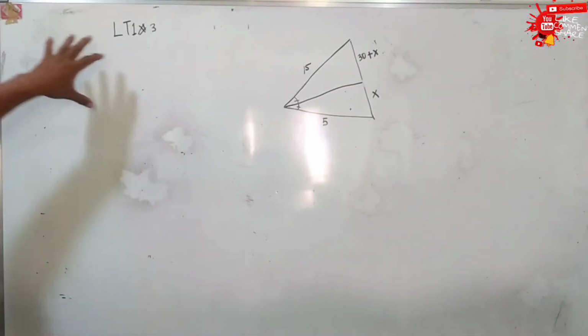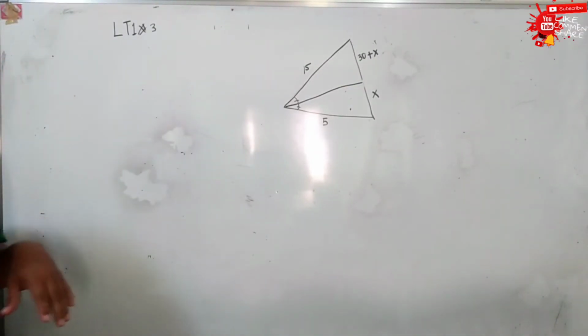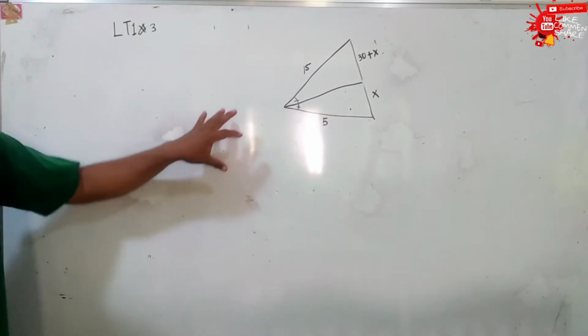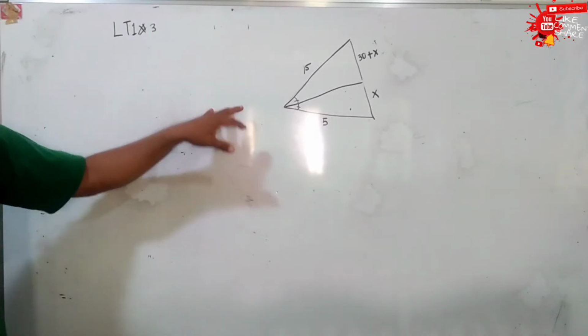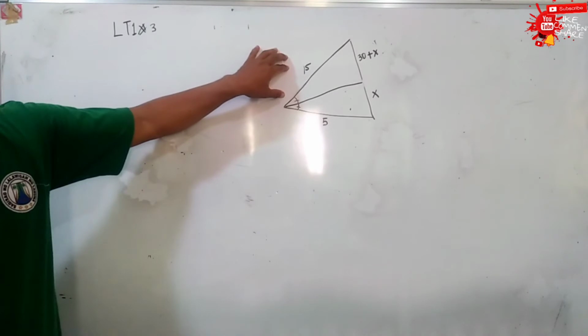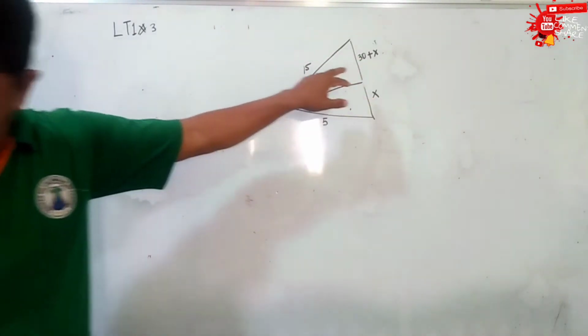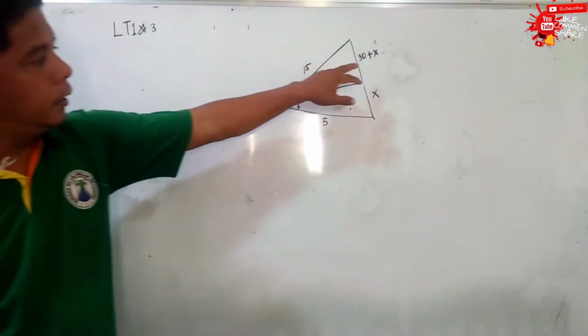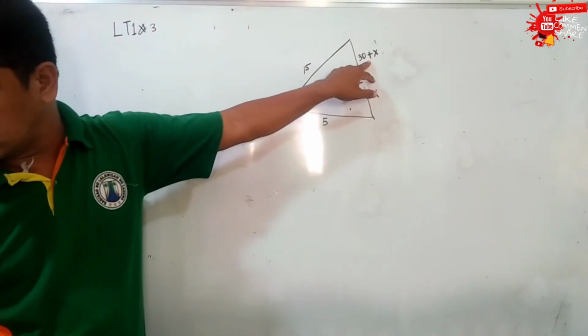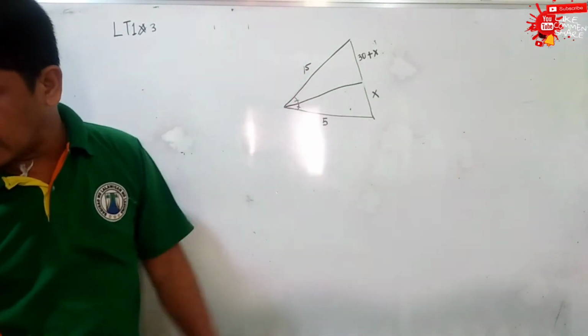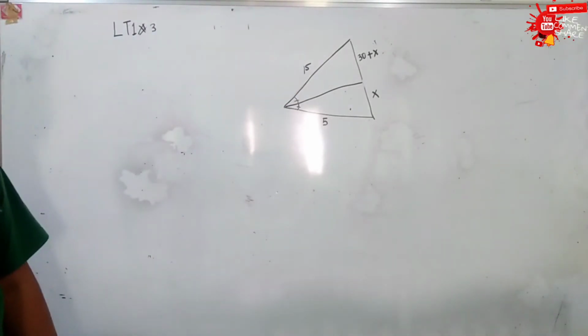Okay, question number 3 sa learning task 1. So, dun sa module natin, ang nakalagay ay 15 plus 14 minus x. So, ang ginawa na lang natin doon ay i-edit nyo na lang, that is 14 plus s. Okay?